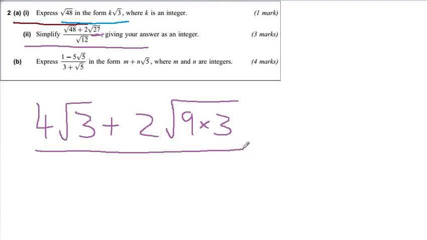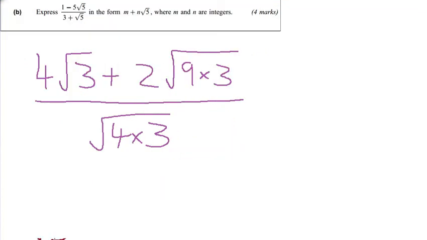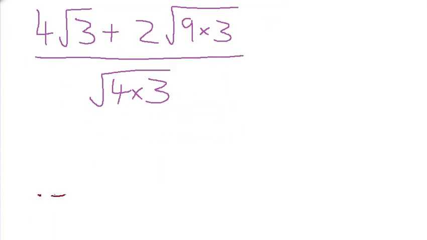Then we go over root 12. Well, 12 we could have 6 and 2, or 12 and 1, which wouldn't make any difference, but 4 and 3 gives us a square number in 4. So let's write that down, 4 times 3. Then our next step can be to start writing it down a little bit more formally.